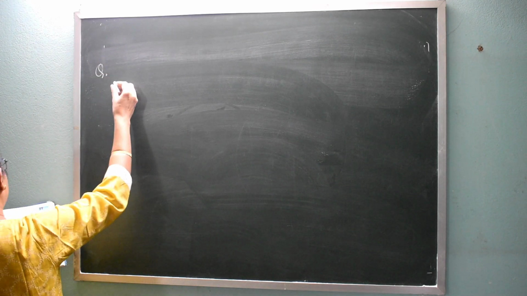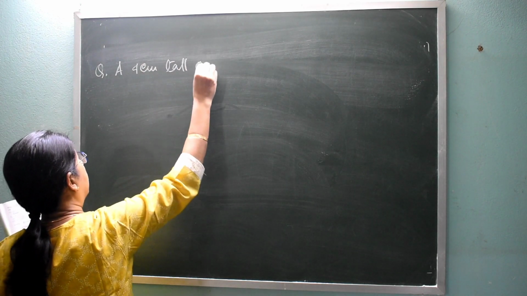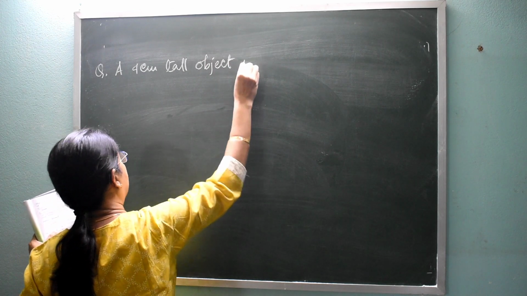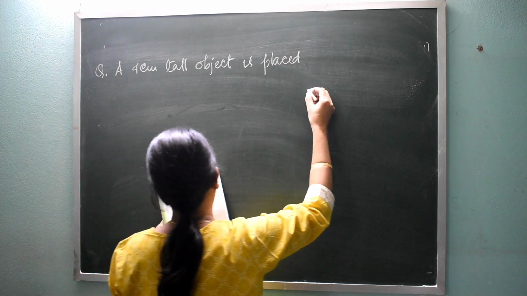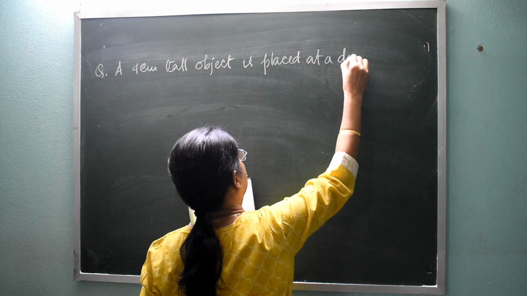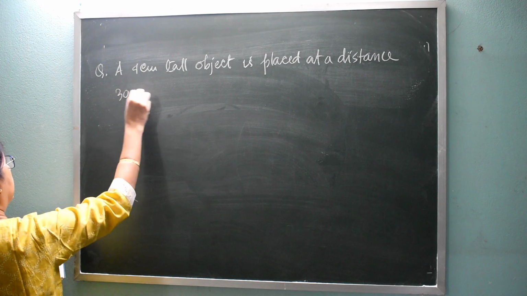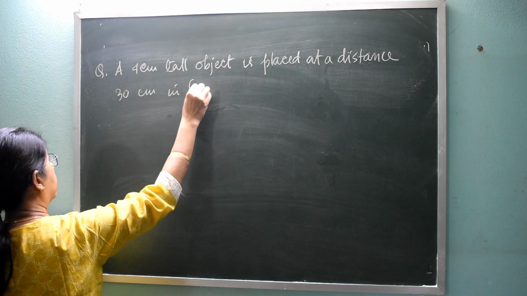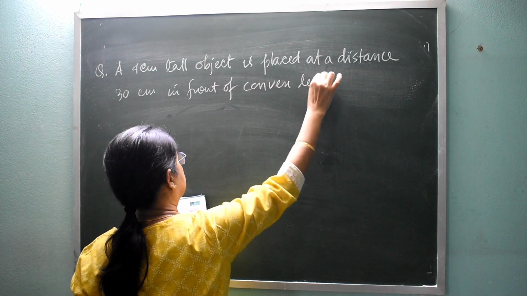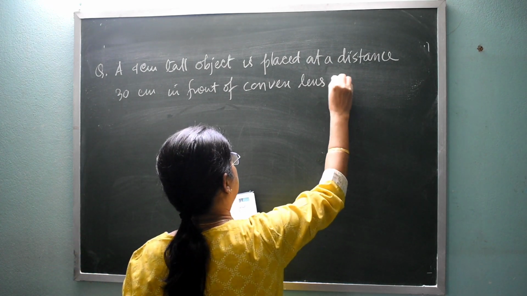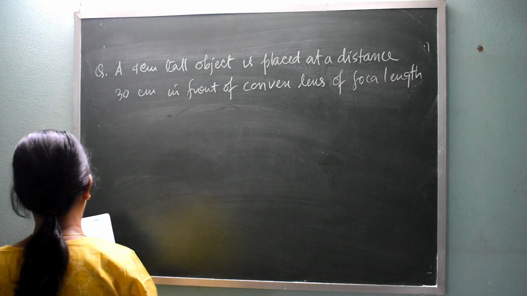Question 1. A 4 centimeter tall object is placed at a distance of 30 centimeter in front of a convex lens of focal length 20 centimeter.